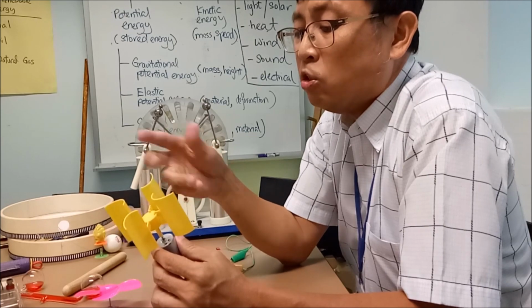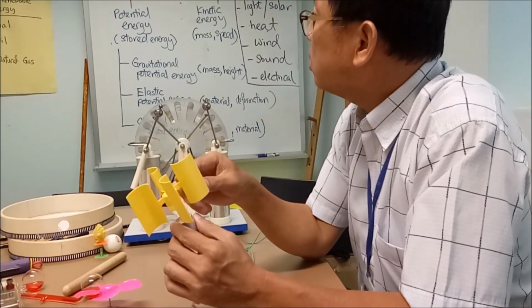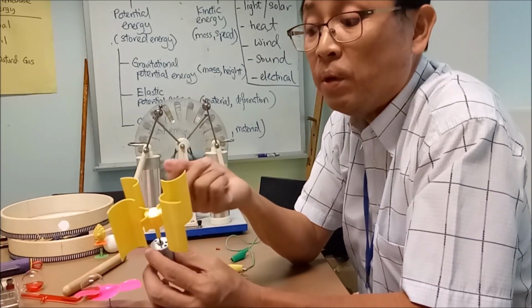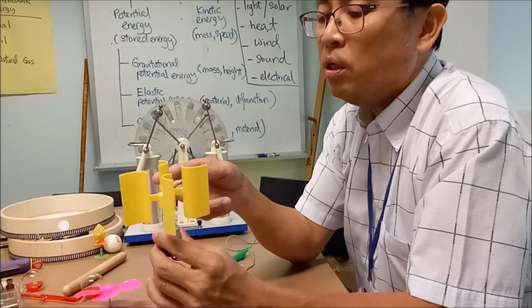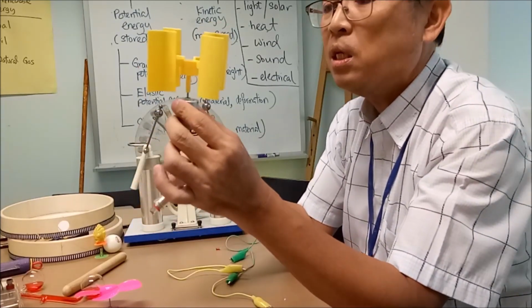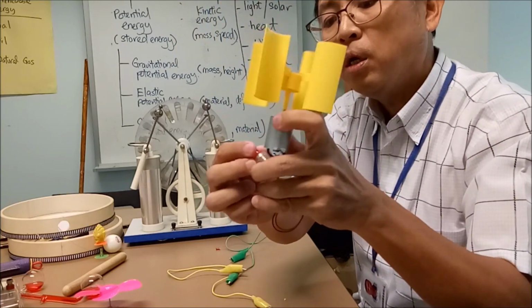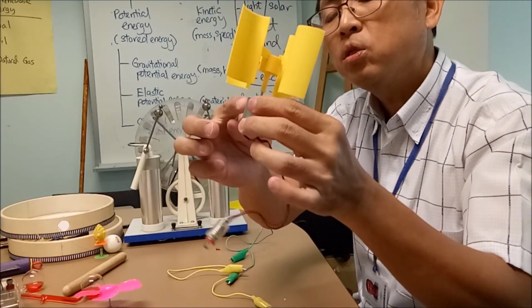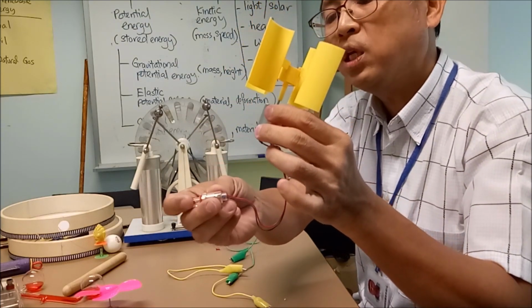So they use natural resources, and what we have here is we can call this a windmill. So country with plenty of wind blowing, what they do is they place this thing on top of their roof, and when the wind blows, it will convert through generator to electrical energy and then to heat and light energy.